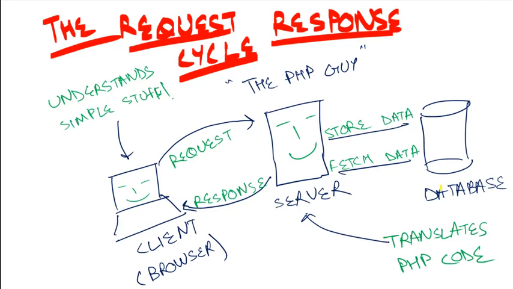Some of the most important features of PHP are that PHP, as I said, is a cross-platform language. So whether you're developing or deploying your code on Windows or on Linux or on Mac, it doesn't matter. Your code is going to work just the same. The other good thing about PHP is that it's a very popular language, and it has a very active developer community. So there is a lot of support available for PHP.